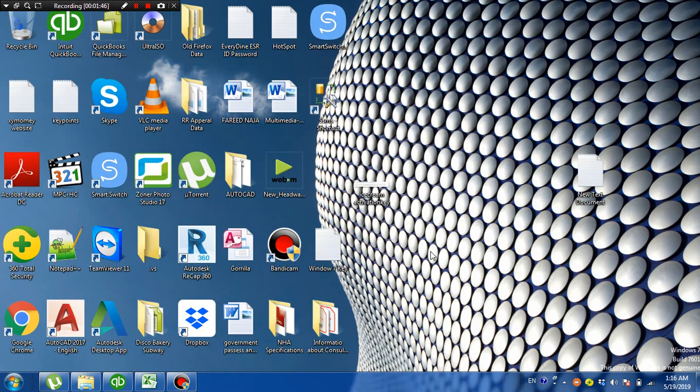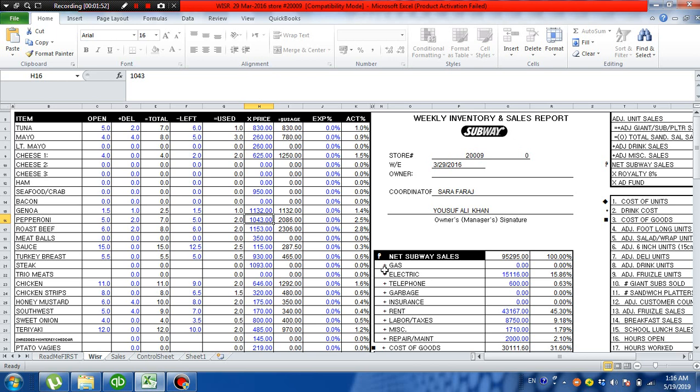So we have to manage the inventory in that Excel application, and the application which is made, it is in fact an Excel worksheet.